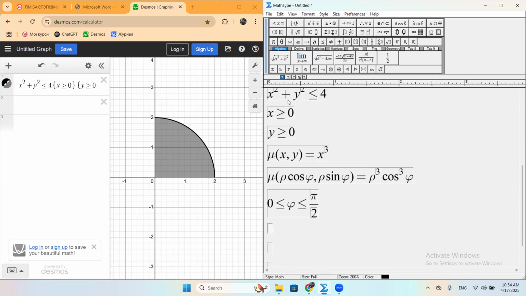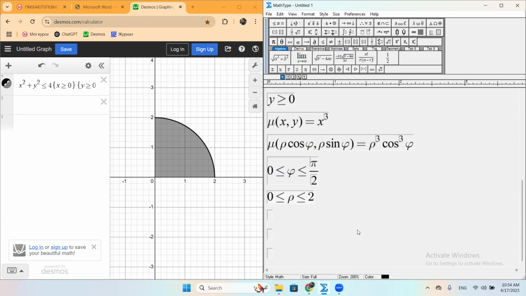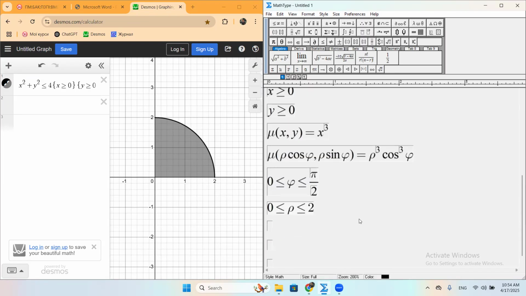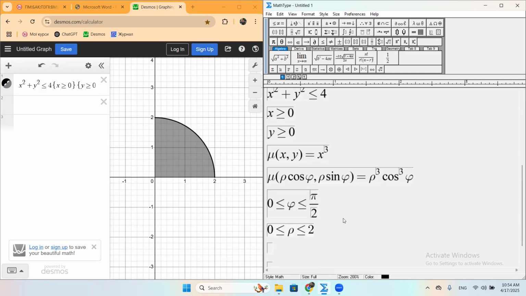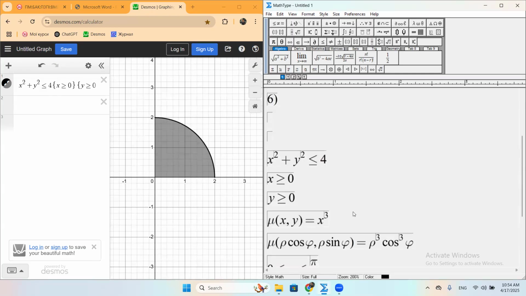And then what about rho? Rho has values from 0 to 2. Okay, done with it. And now let's write the integral.